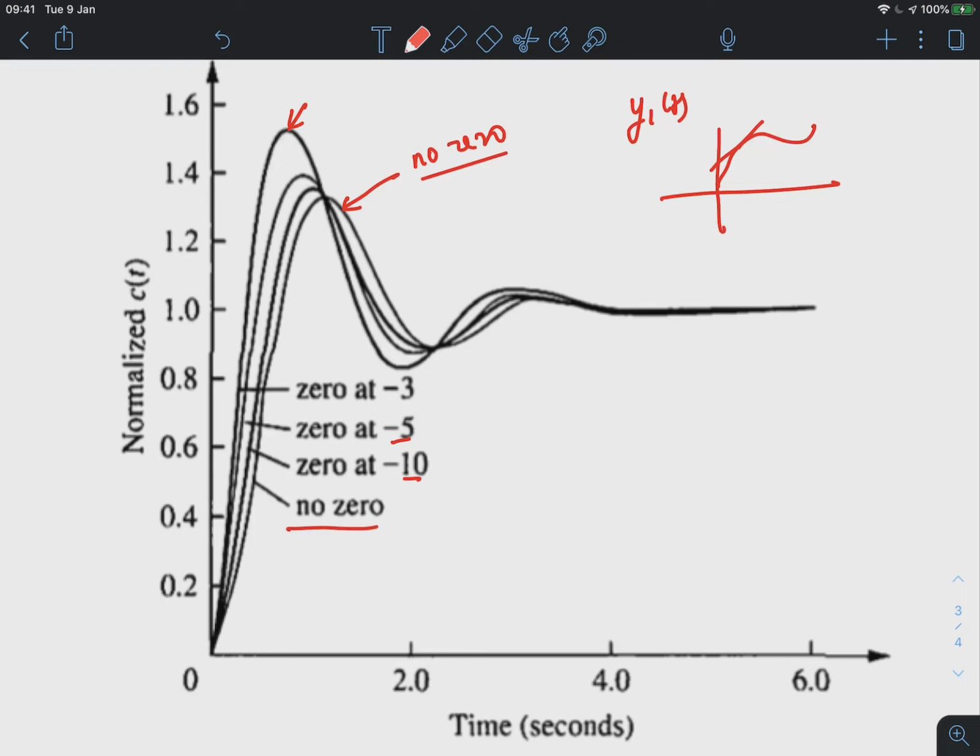So in this particular example you would notice that in comparison to the response obtained with no zero, you see a rise in the maximum overshoot with any zero located. It only depends on the location of the zero how much contribution it makes to the increment in the maximum overshoot. Okay.